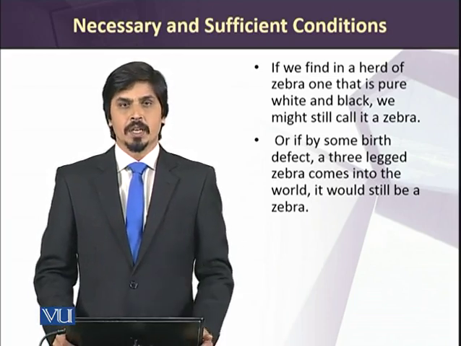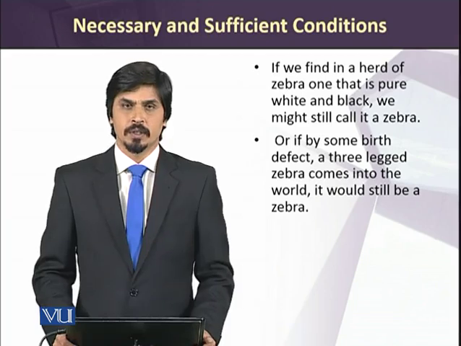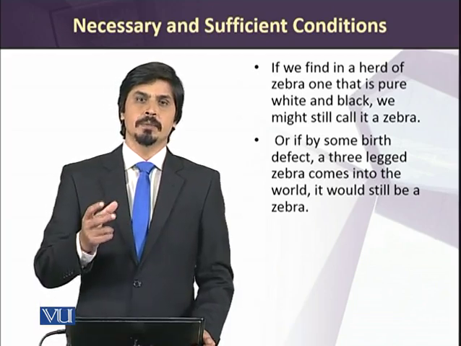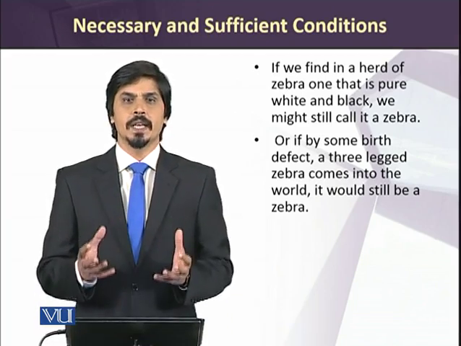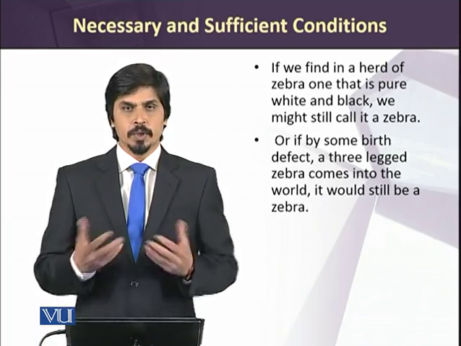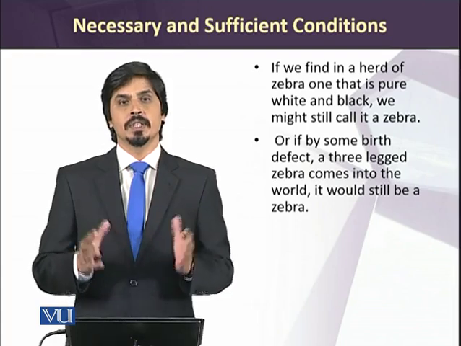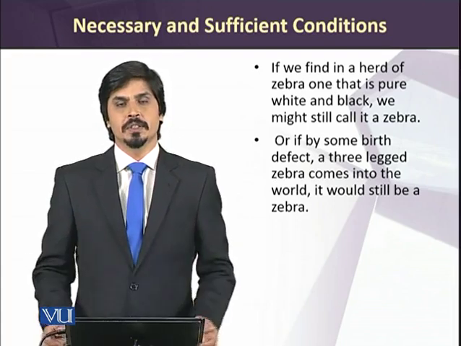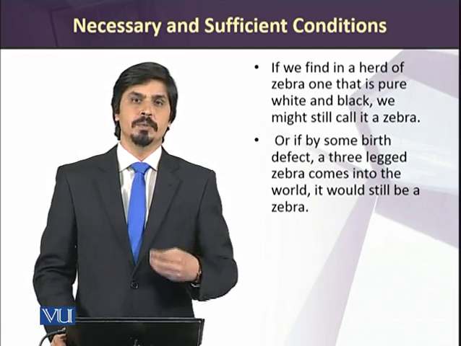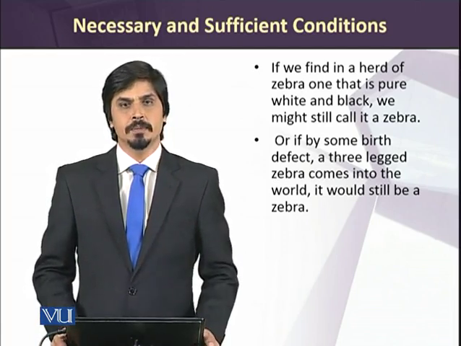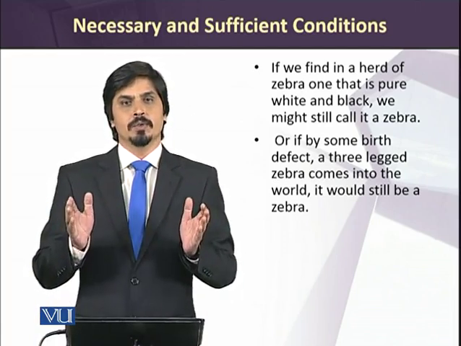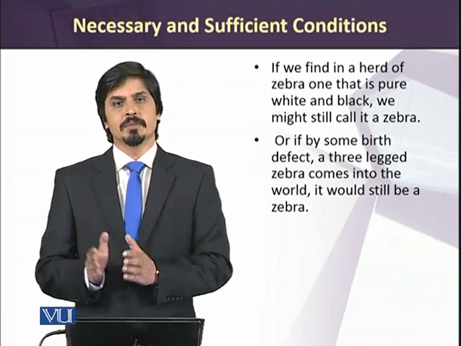Similarly, by some birth defect, we can see a zebra who is not four-legged but three-legged. Would we call it a zebra? Yes, we would still call it a zebra, because many other features of that animal would be similar to those of a zebra.